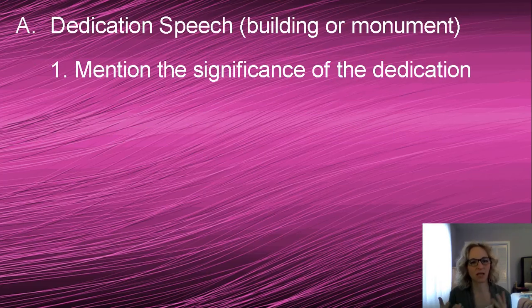So first of all, if you do a dedication speech, let's say you're dedicating some building or some monument to someone or something. What do you need to do? You need to mention the significance of the dedication. Why is this dedication important? Usually, the dedication of a building or a monument is symbolic. It's usually for a new building or a structure.